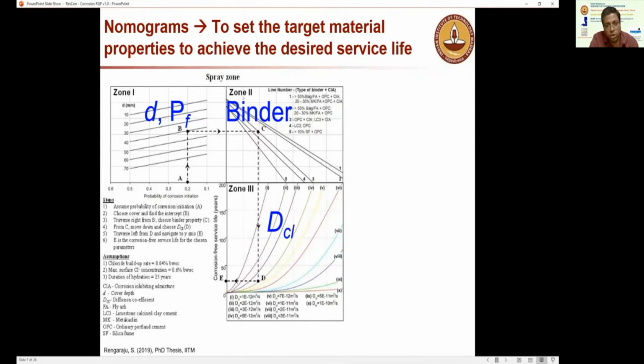Okay, zone 2 here. So you can go from point A to B and then B to C. We can say, okay, I'm going to use OPC, or fly ash or slag-based cement. There are different combinations.